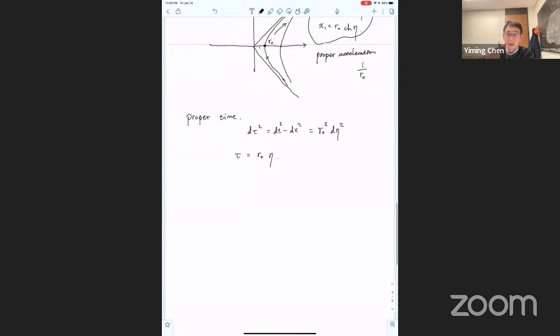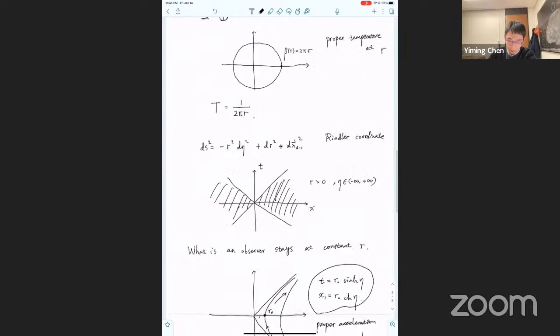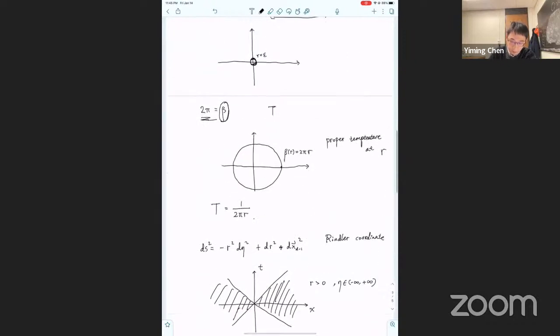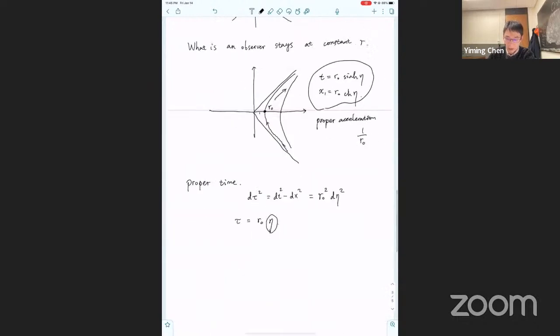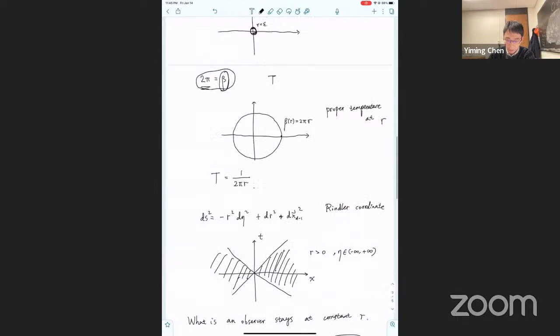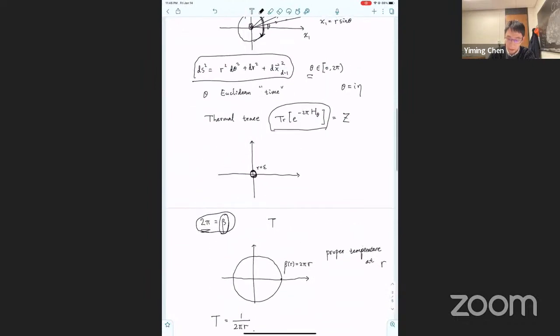So as I will later argue more carefully, the temperature that we computed here, this beta, is the so-called temperature with respect to this eta coordinate, because it's this eta coordinate that is the analytic continuation of the theta coordinate, which is a circle with length 2 pi.